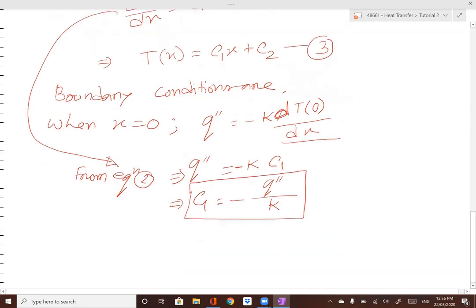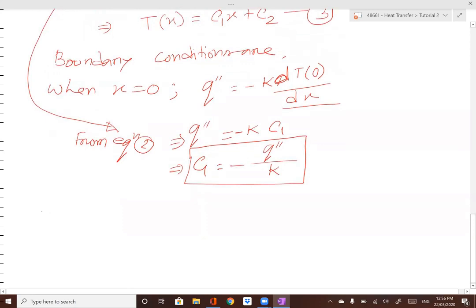Okay, another boundary condition, when x equal to L at the outer surface.